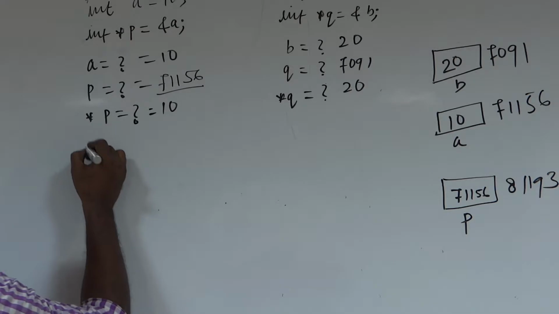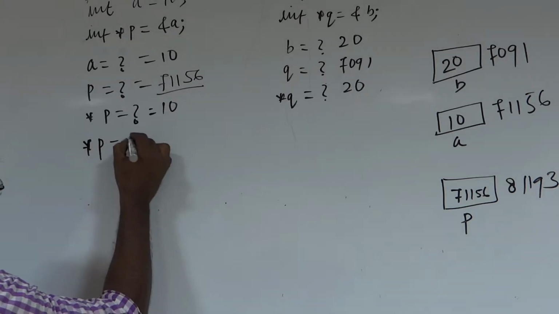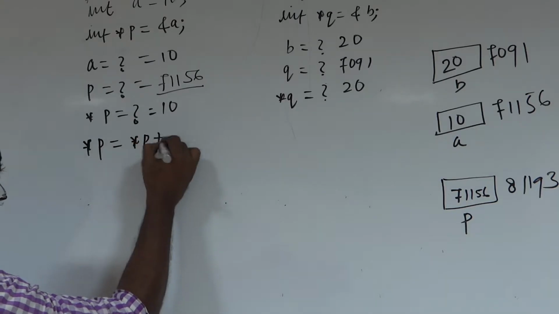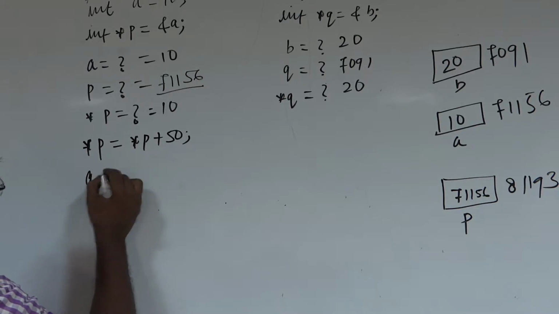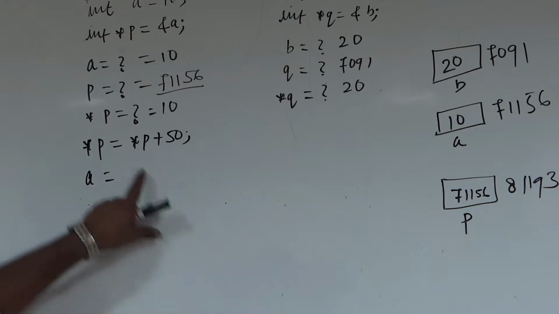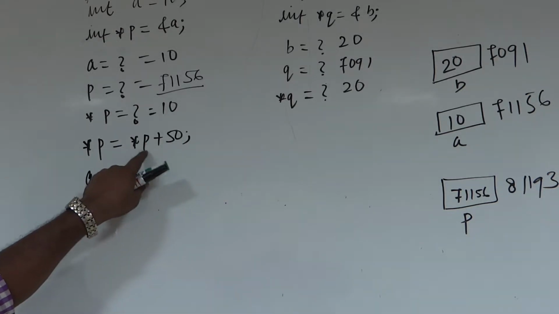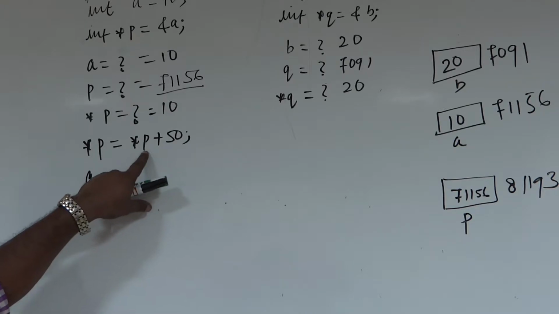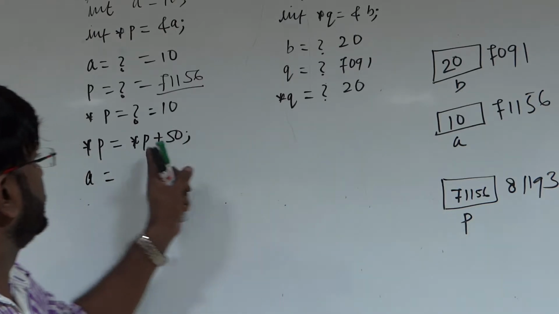Now you tell me, if I write here star p is equal to star p plus 50, then what will be the value of a? Just a quick recap. We saw this in the last session. Star p means nothing but a, because it is the value present at this address.